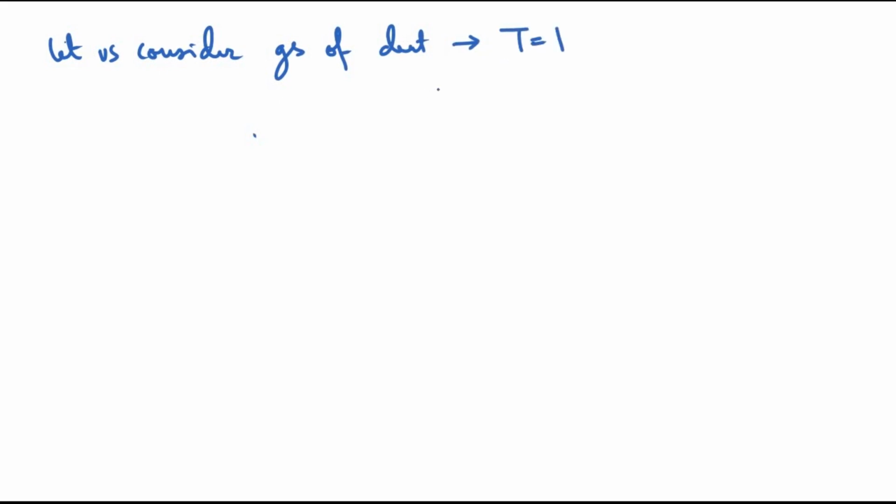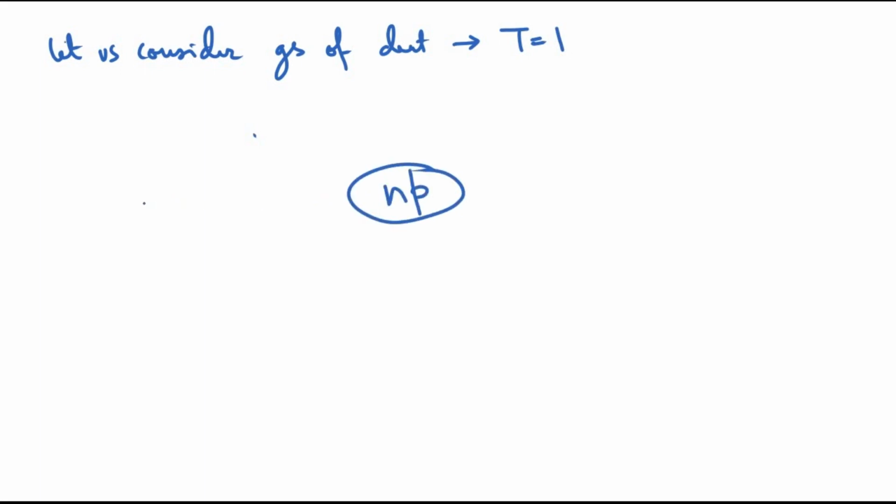Good. So let us consider that the ground state of the Deuteron is basically T equal to 1, right? Now what is Deuteron? Deuteron is basically an NP system.